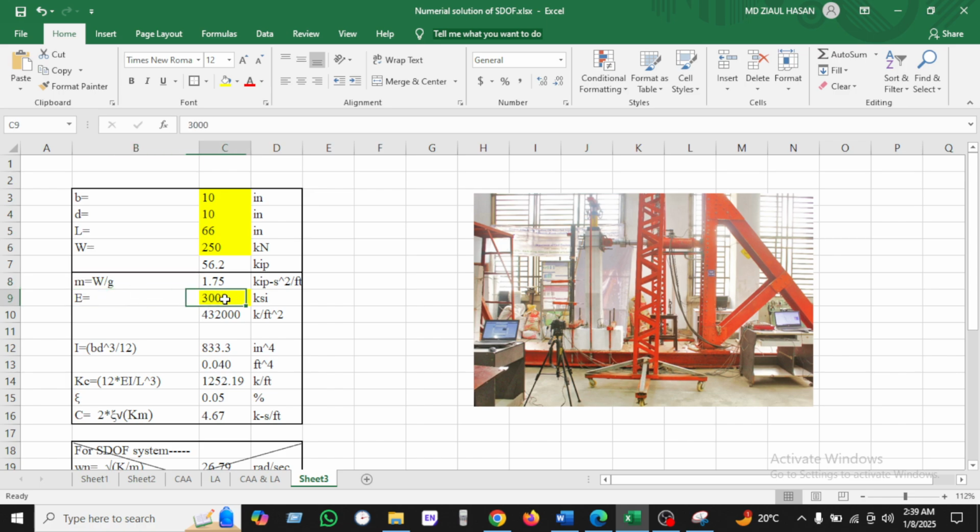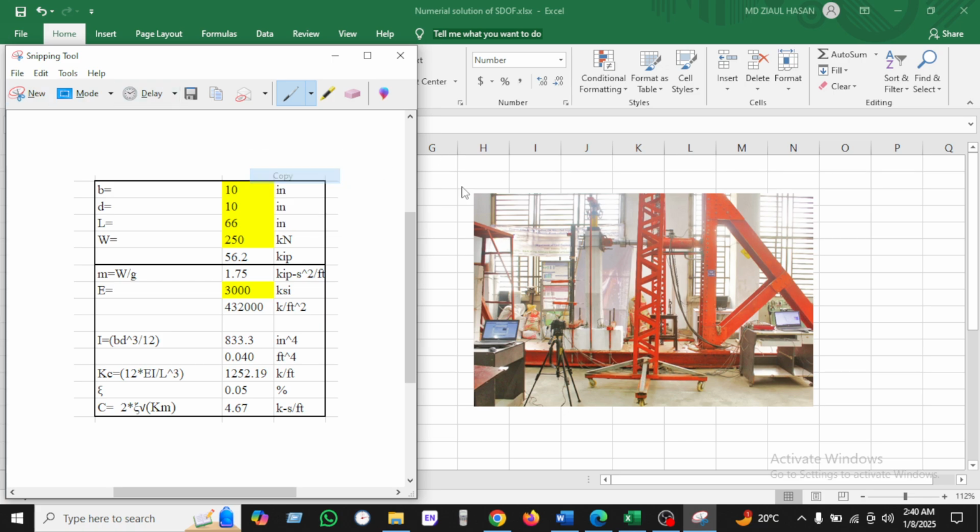E equals a constant 300 KSI, found 42, which is converted to cube per feet, and a moment of inertia BD cube by 12, and found 433 inches squared, which we convert into feet to the power 4. K equals 12 EI by L cube, and found 1252 per feet, and the constant damping ratio is 5, C equals 2 ζ root of km, found 4.67.